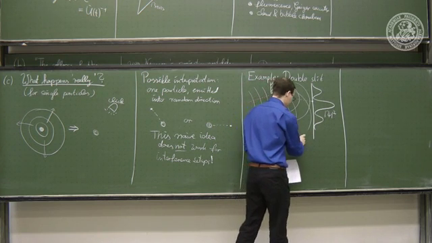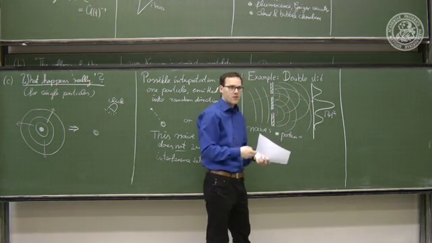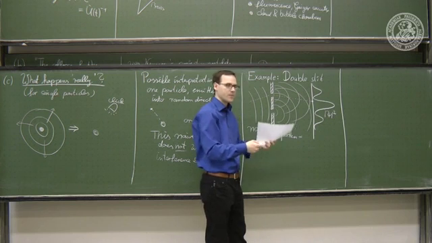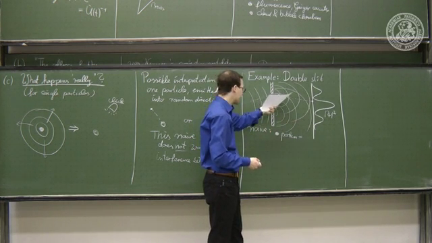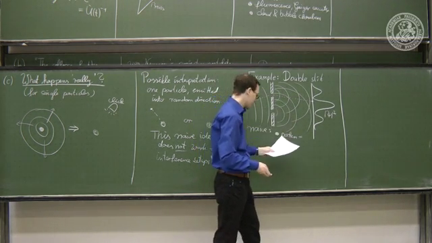So the pattern should probably somehow, classically speaking, be the sum of the patterns made by trajectories only going through the upper and the lower slit.